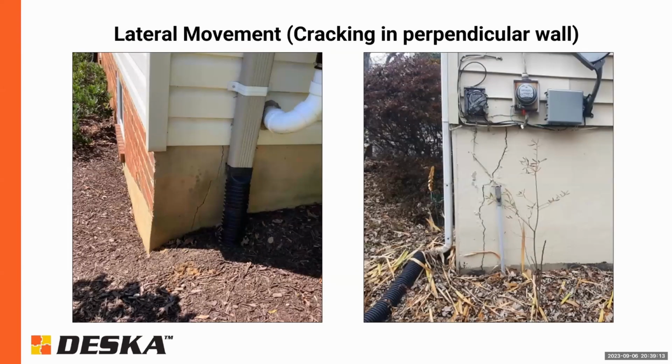So when you see cracks like these at the corners, sometimes you can only see a few inches of them, and you may not be able to see anything in the basement, especially if it's a finished basement. But they're typically due to the wall, in both cases here on the left, bowing inward. So not the wall with the crack in it, but actually the adjacent wall.